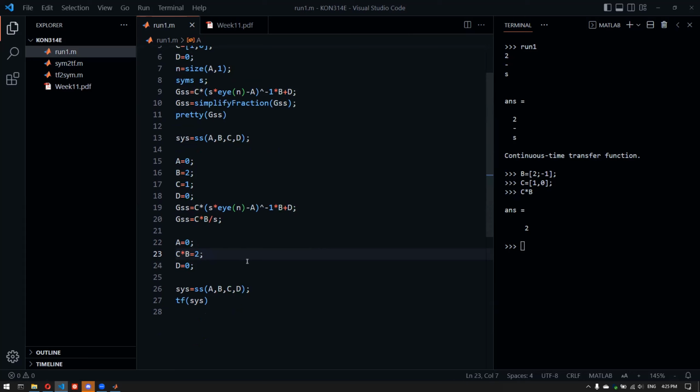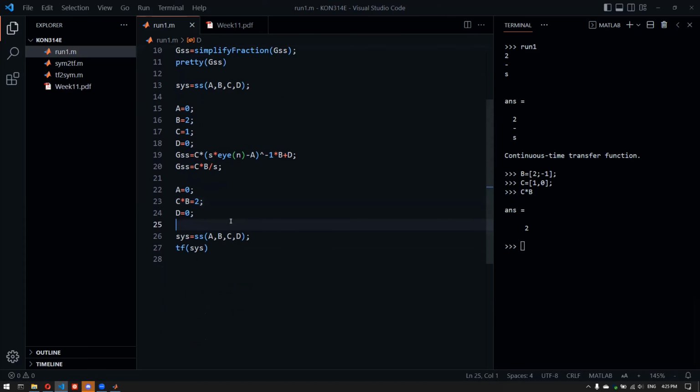And we also see that the differential equation that we have at hand here, which is basically x derivative is 2 times u, and y is equal to x, tells us something.